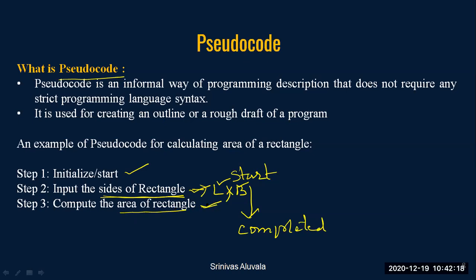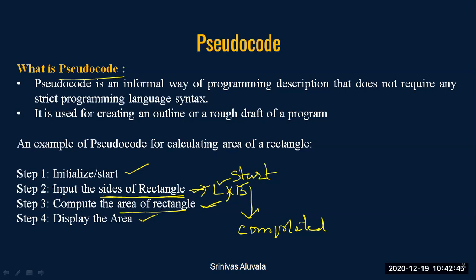Only the step is mentioned, what I am supposed to do next. So compute the area of a rectangle. And after computing, the next step is to show that result, give that result to the user or display that result to the user, and that step is mentioned.